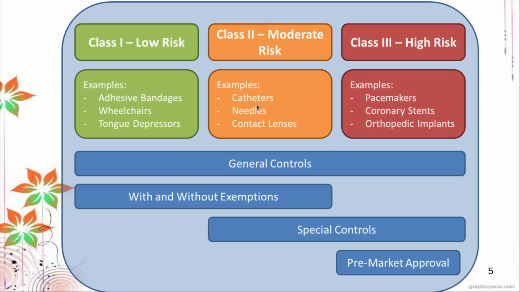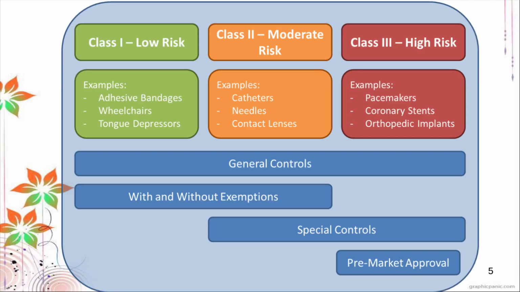Whereas the moderate risk devices include contact lenses, catheters, and needles. Contact lenses, because they are in contact with, of course, your eye, which is very sensitive. Needles pierce the skin, so they present a moderate risk because they can be a source of infection, and of course the spread of some diseases like HIV.